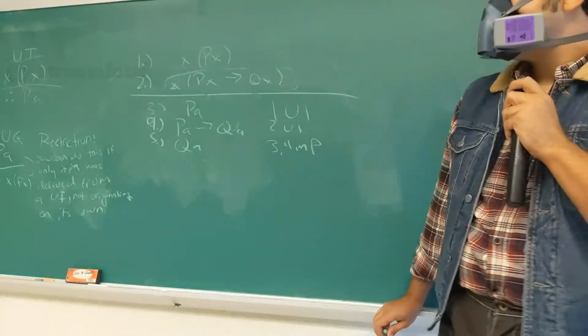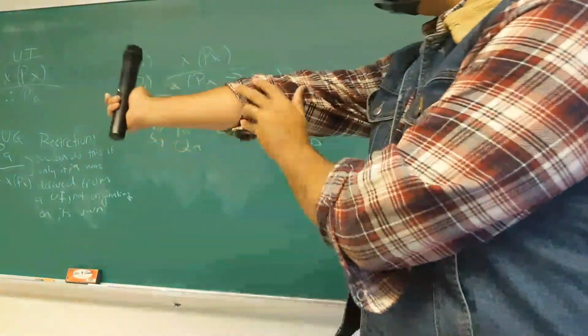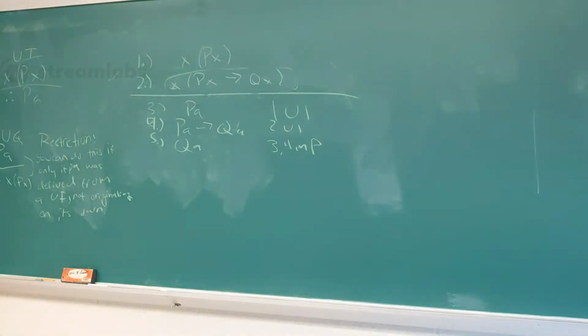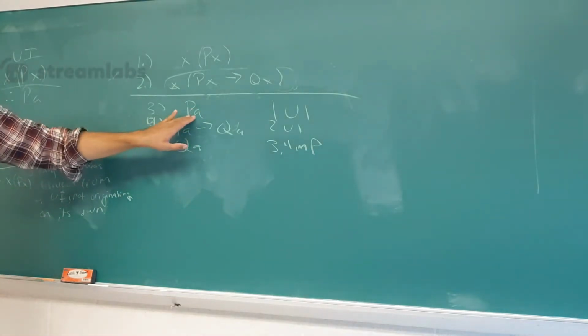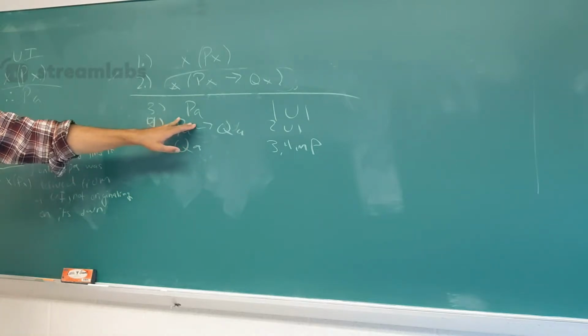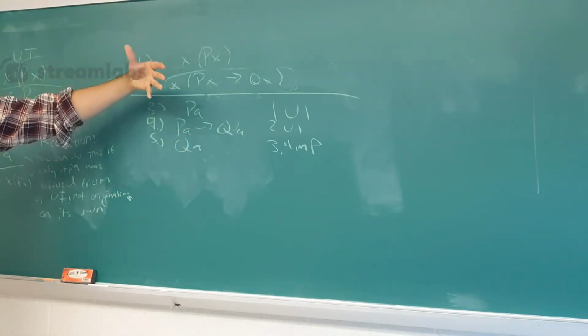Can you read that? I can't see it. Yeah, so the restriction is you can use this rule if and only if A or PA was itself derived from a universal and wasn't asserted on its own. Here, PA was not just occurring in the premises.